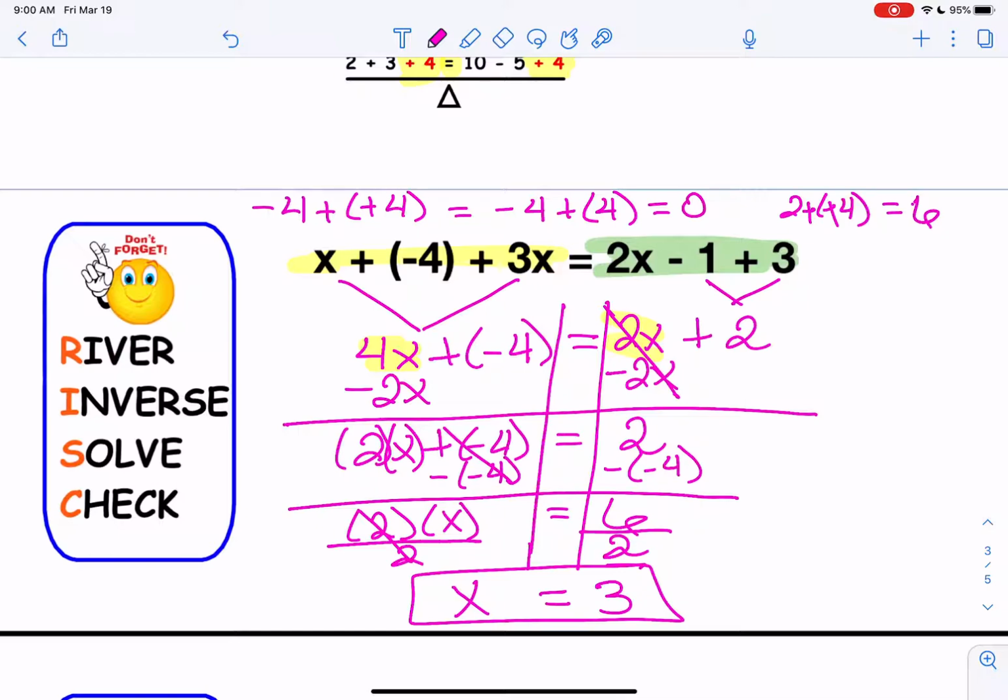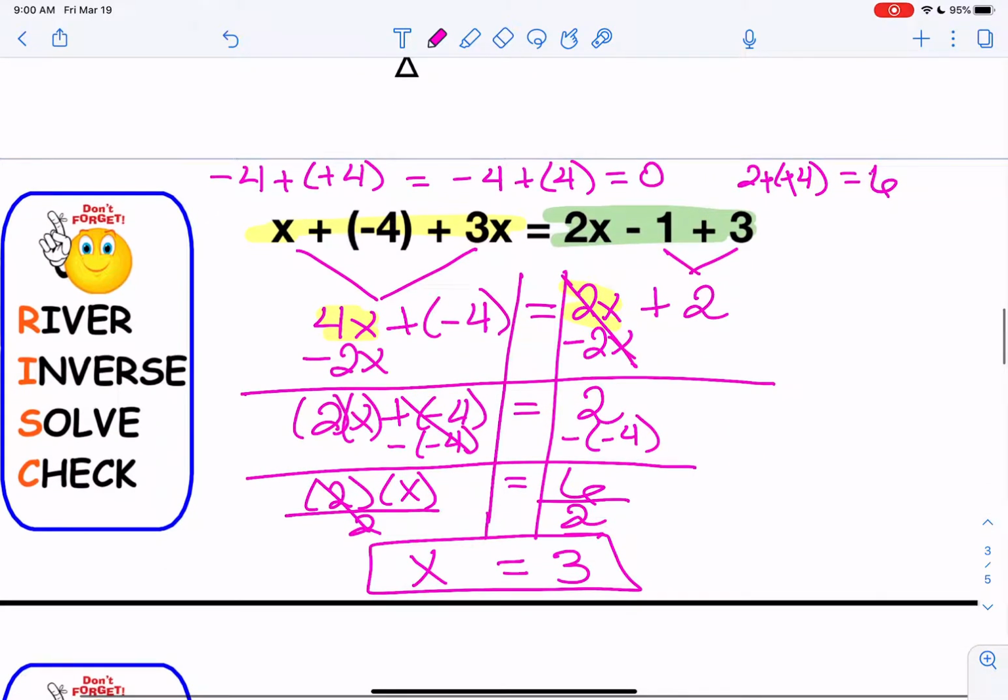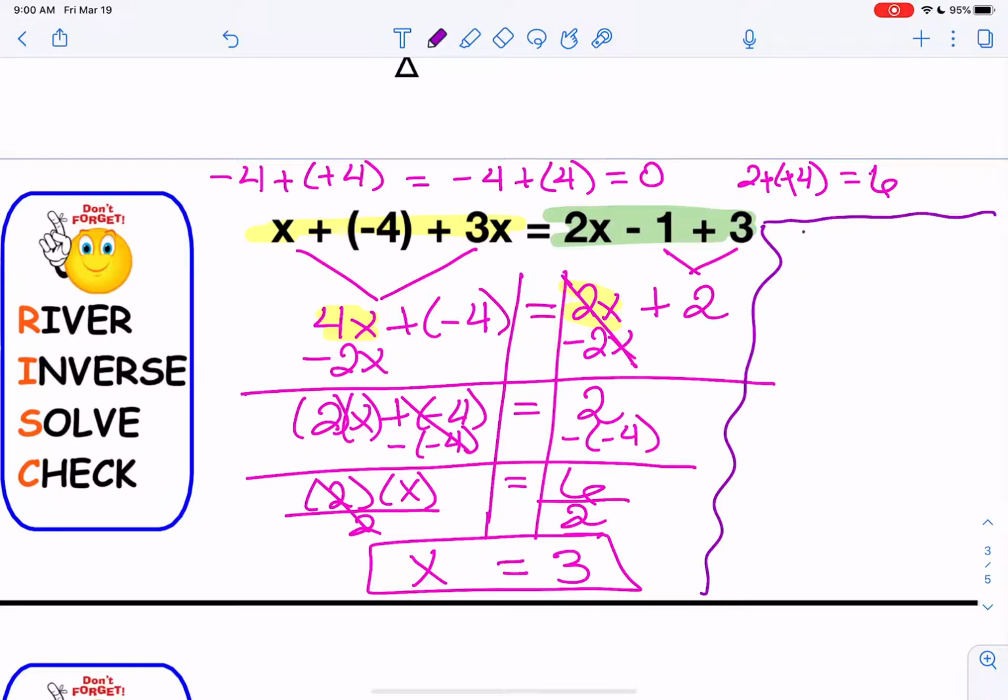Now, I can plug that back in to the original equation. Let me go ahead, make a little line to see if we did it correctly. So x plus negative 4 plus 3x equals 2x minus 1 plus 3. All right, now remember that was before we simplified.